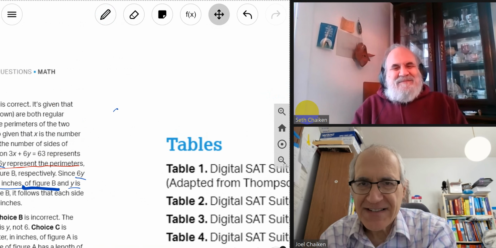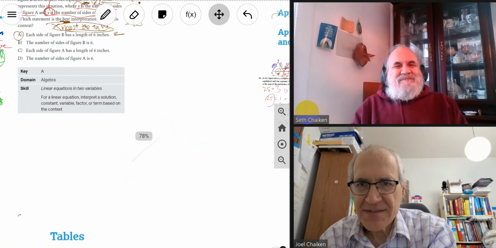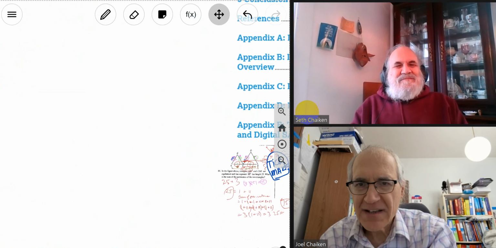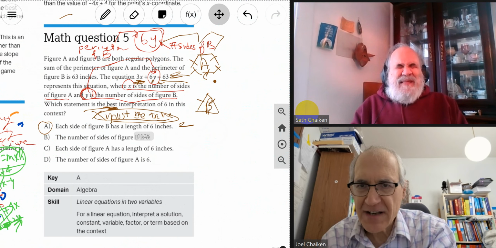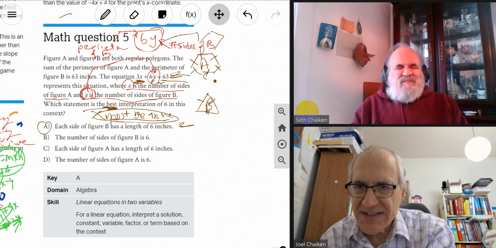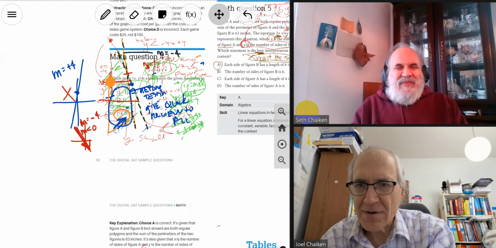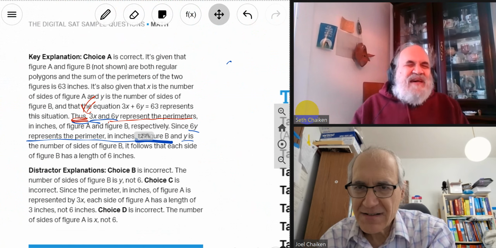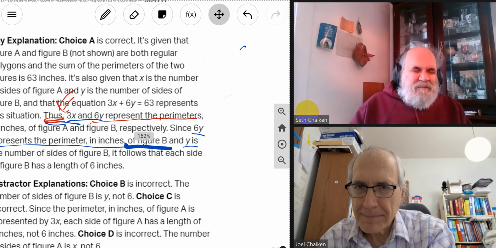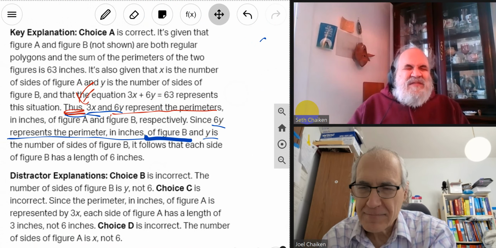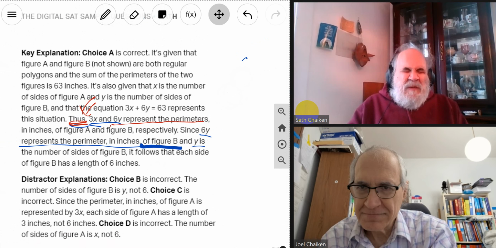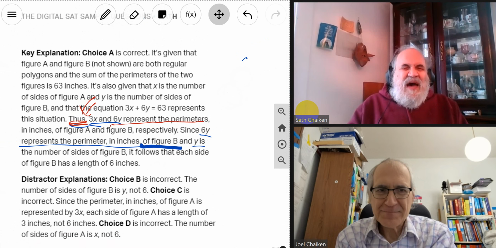But then, it's not said in the question, right? They don't explicitly say that 6y is the perimeter of the second one. So is it always true? They say that the equation represents the situation, and the situation is given by the first sentence.